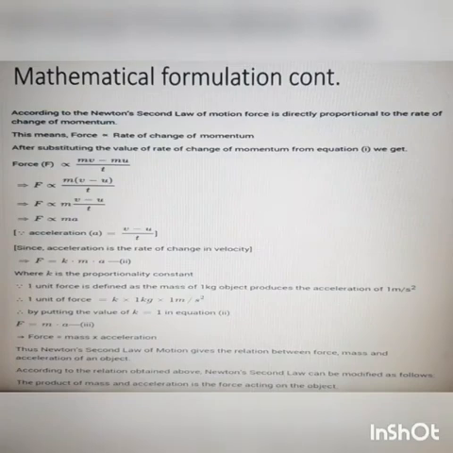If I put all these values in equation 2, I get the value of k to be 1. So we can write F equal to ma. This is how we get to the relation between force, mass and acceleration. From this equation, we can also say that Newton's second law can be modified as follows. The product of mass and acceleration is the force acting on an object.